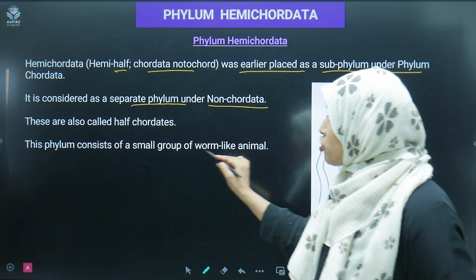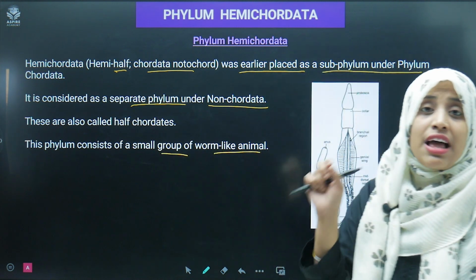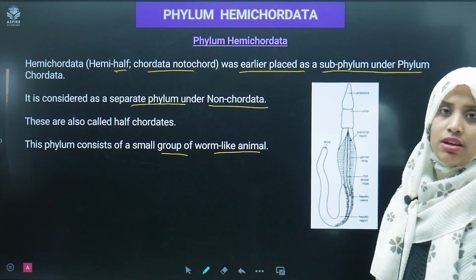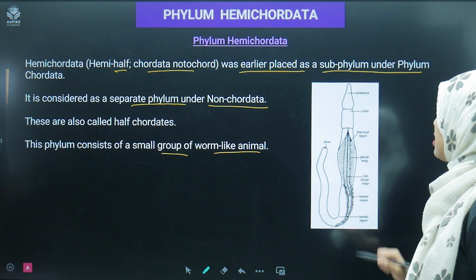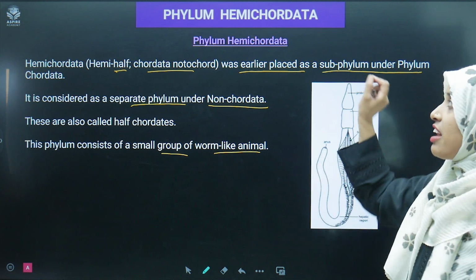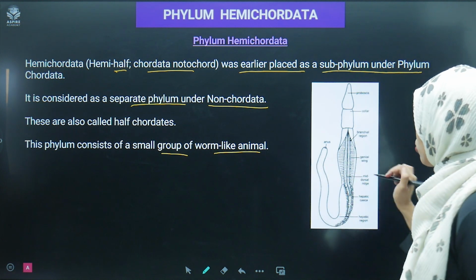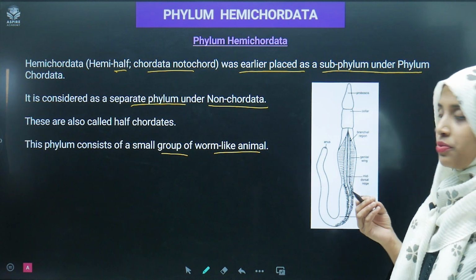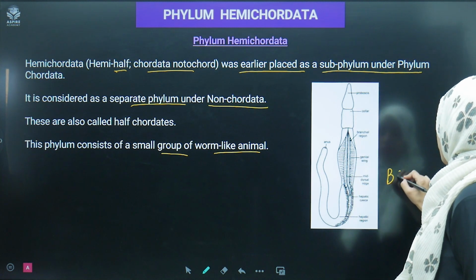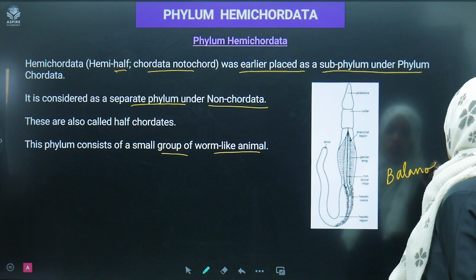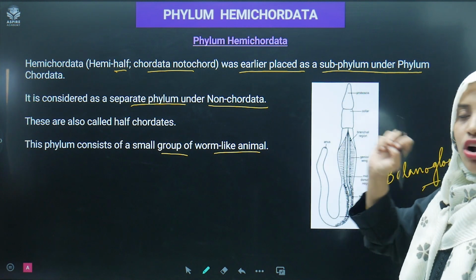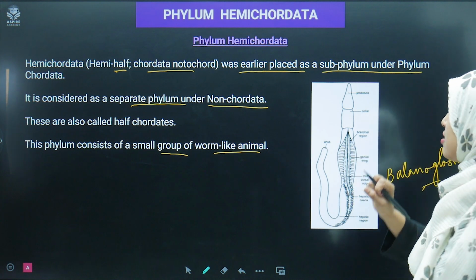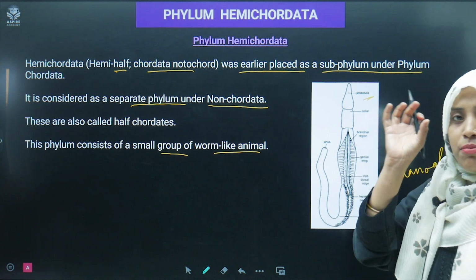This phylum consists of a small group of animals that resemble worms. As you can see, this is the structure of one of the organisms of the hemichordates, known as balanoglossus. It belongs to the hemichordates. It is a worm-like organism. It has a proboscis at the mouth part.